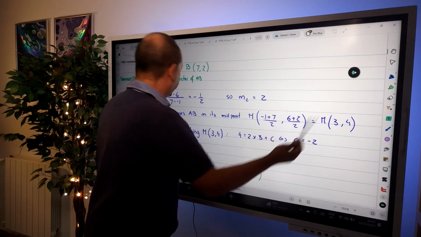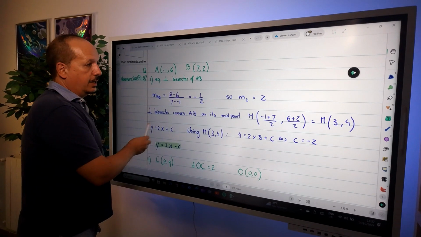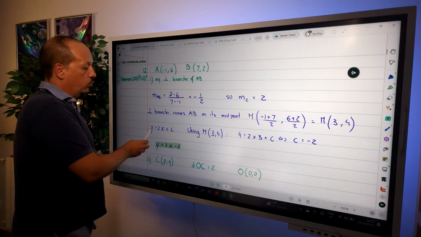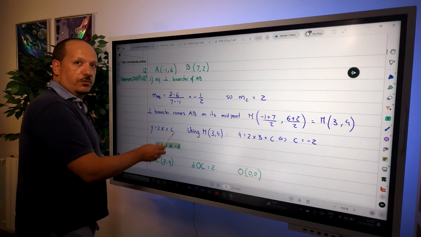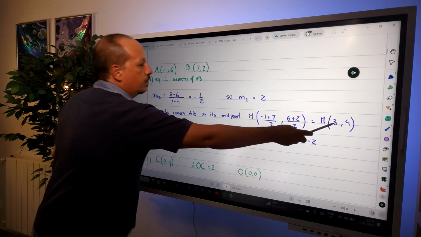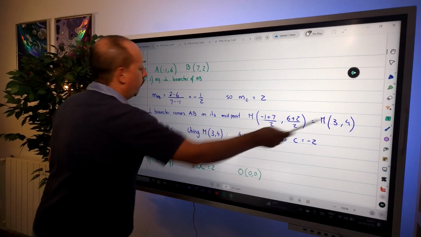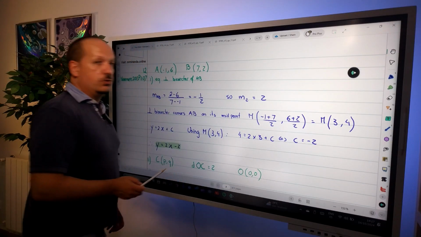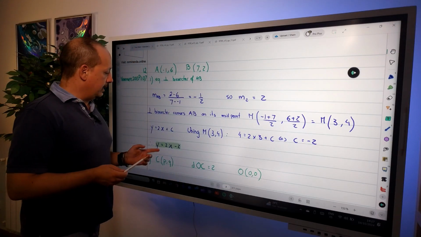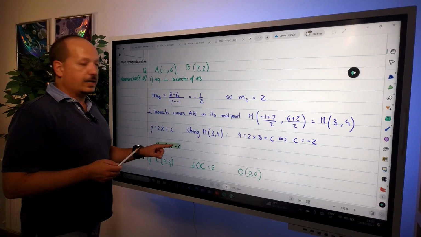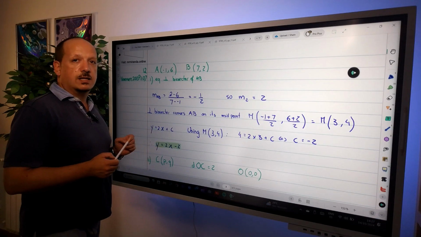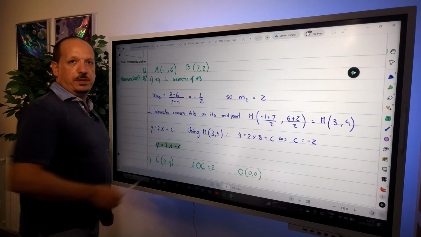So I know that the equation that I want has this form: y equals 2x plus c. I need to know the value of c, the y-intercept. So I put the 3 on the x and the 4 on the y, and I get that the value of c is -2. So what is the final answer? y equals 2x minus 2. This is the equation of the perpendicular bisector of line AB.